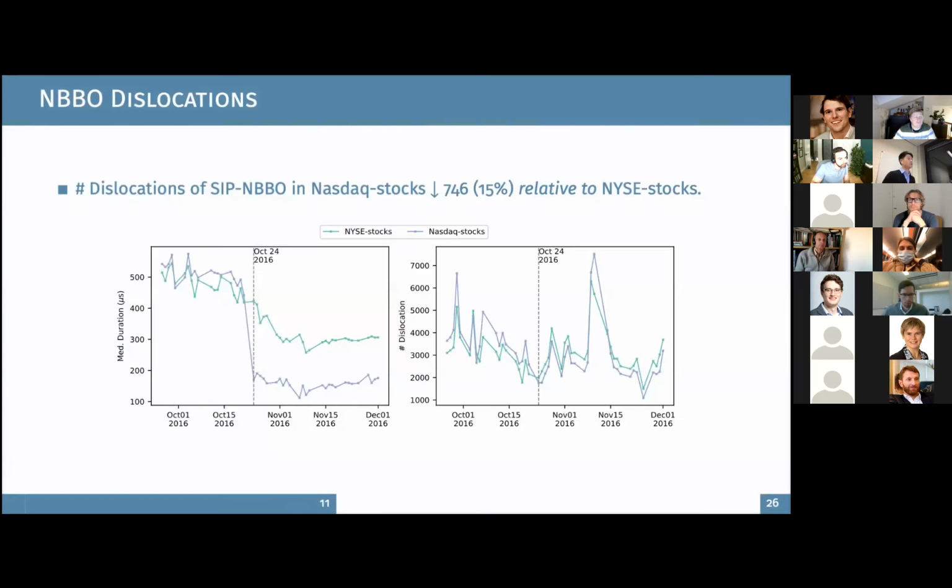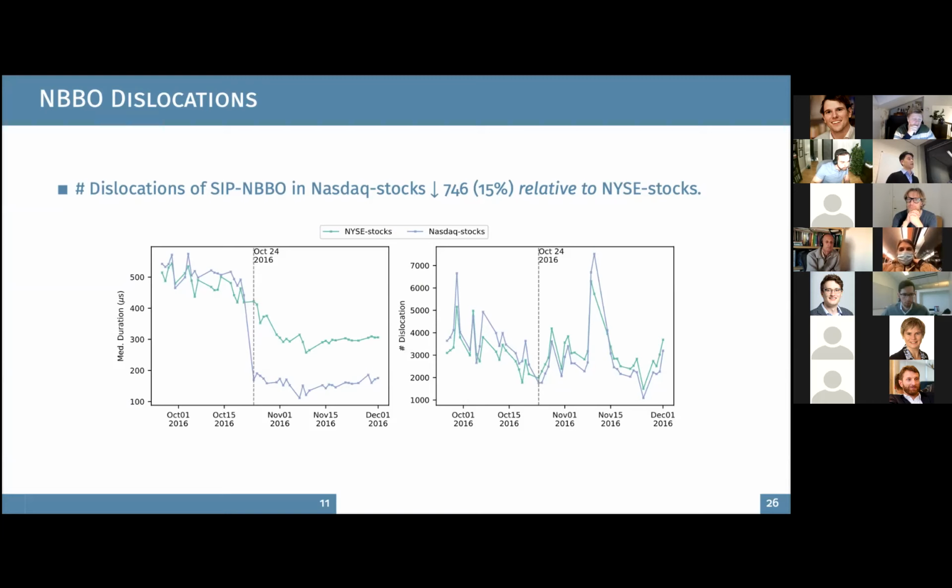So before we move to the regression results on those liquidity and the trading metrics, here is just a very quick check to see to what extent the prices on the new SIP become better. So here I compare the 2 MBBOs.